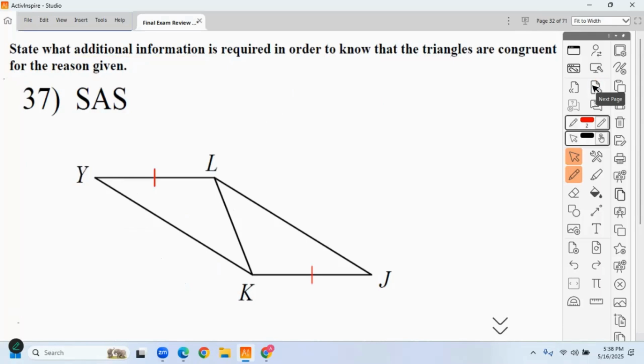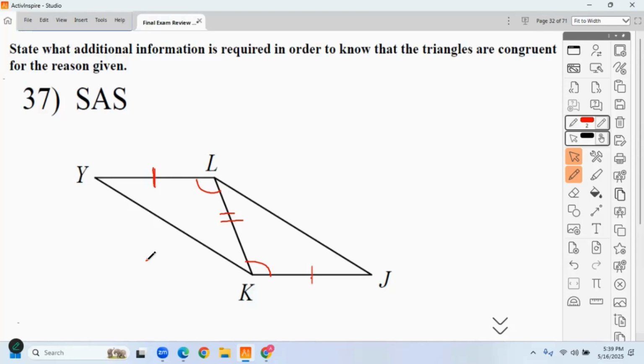Side, angle, side. Side here. Now let's go, angle here. Now, these two have the same side on this one. So side here, angle here. Now, this is the thing we need. We need these angles to work out for us. We know that they already share a common side as far as the triangles are concerned. We're not worried about that.